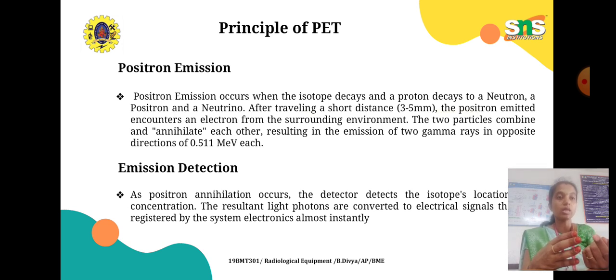The emitted positron will find an electron in the surrounding environment.